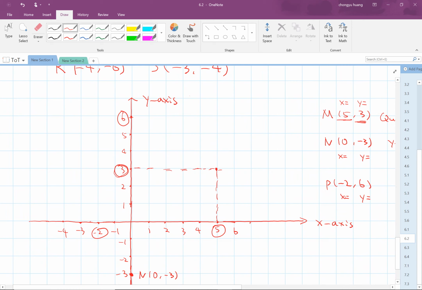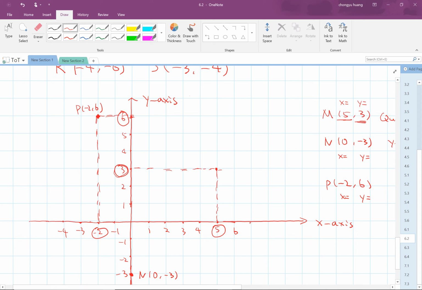You use the dashed lines to connect those together, and then you find this point. This point represents p (-2, 6).